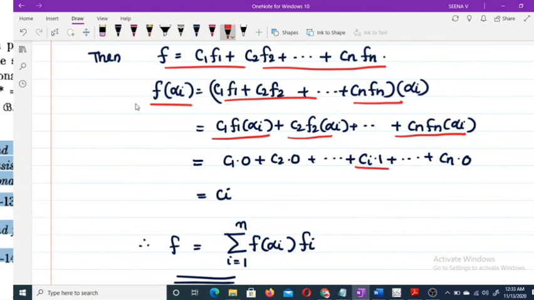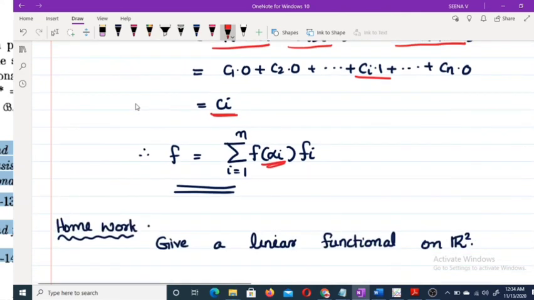Therefore, this is ci. Thus, we get ci equal to f of alpha i. Replace here: f you can write as sigma i equal to 1 to n ci fi, and for ci you can replace f of alpha i. Therefore, f is equal to sigma i equal to 1 to n f of alpha i into fi.